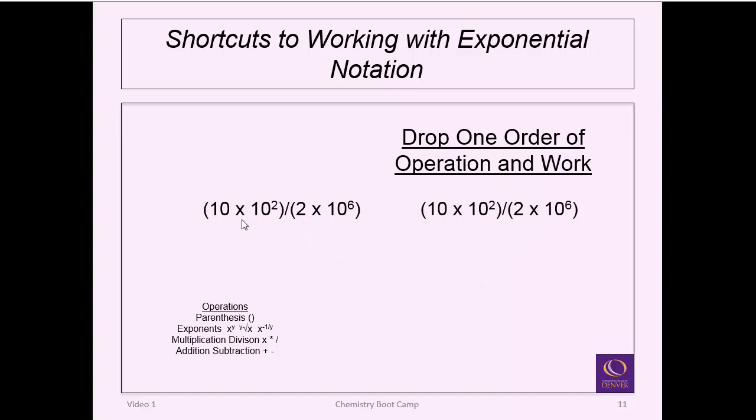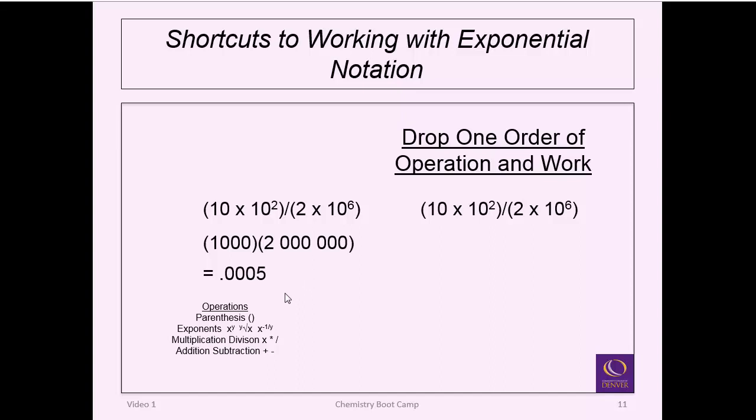Okay, if I was to work this out longhand, it's 10 times 100. It's 1,000. Divided by, remember the power of 6 is 1,000,000, divided by 2 million. So it's 1 divided by 2, and then actually it's going to be much smaller than 1. You could cancel out all these 3 zeros. You get a number 0.005.